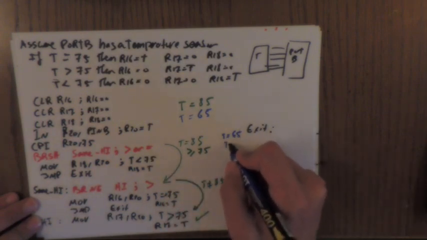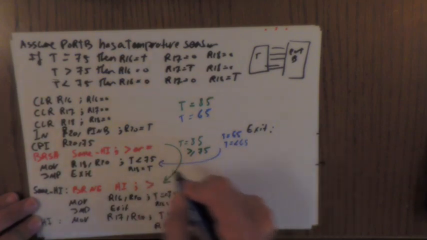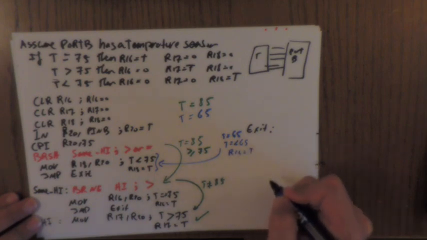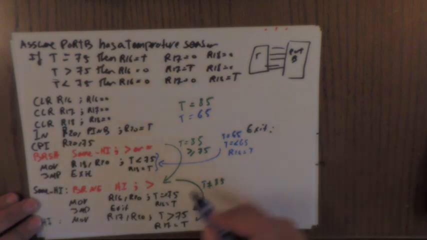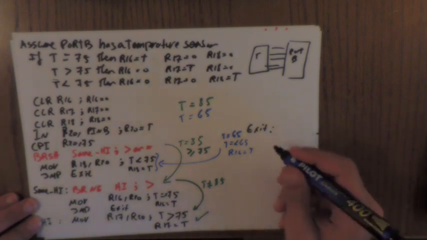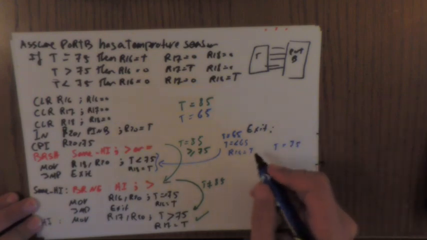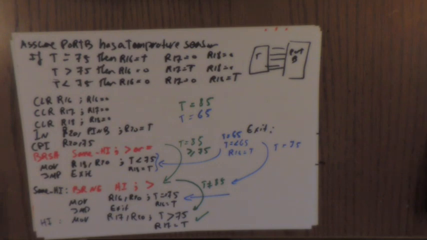So T is less than 75, and this will execute those two instructions and will have R18 equal T. Okay, and if it's equal to 75, then this is where we have the equal part to 75. So if I have T, the third case, equal 75, it will jump here, and then we will finish with T equal 75. So you see here I have some sort of an if-else condition.